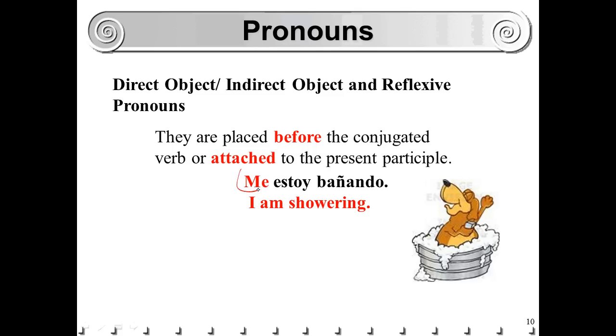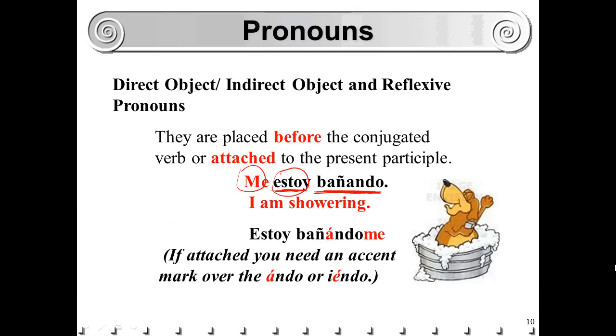So you put it before the conjugated verb. Bañando is not a conjugated verb. This is a participle. The conjugated verb is you're putting in the yo form, or the tú form, or the él or the ella form. Or you can attach it. Estoy bañándome. If you attach it, okay, then you need to add an accent mark right here.